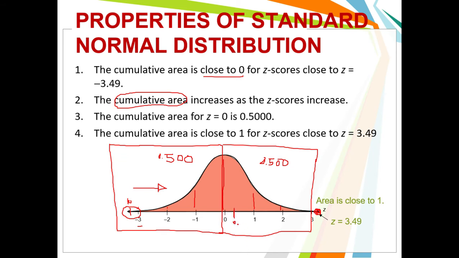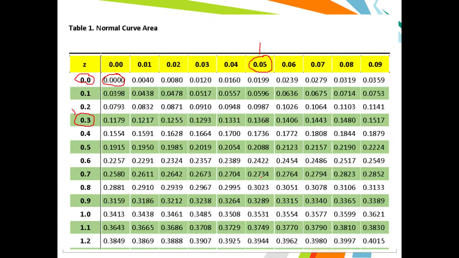This is the positive 0.35. Okay? So yan. So, ano ang ibig sabihin ng green na value dito? Okay? So, under sa intersection ng 0.3 and 0.05, that is the area na equivalent ng ating z-score. Okay? So, anong ibig sabihin ng 0.1368 na yan?